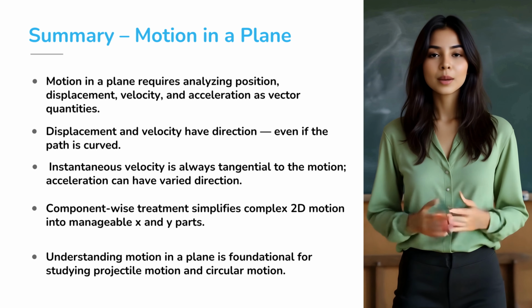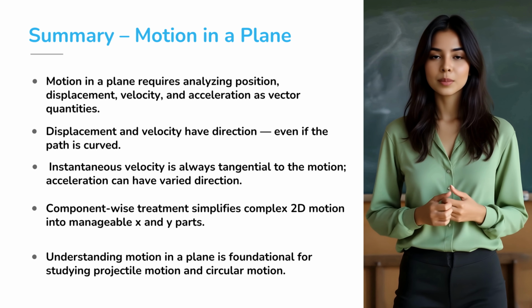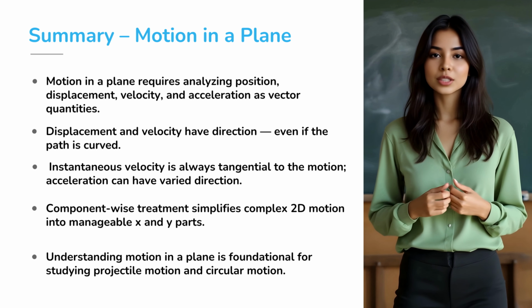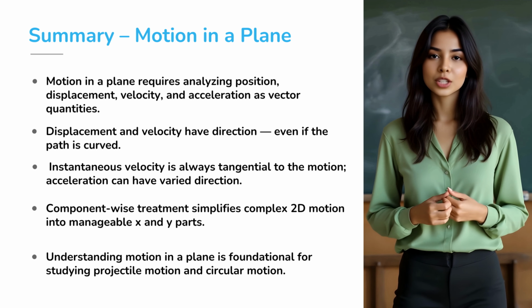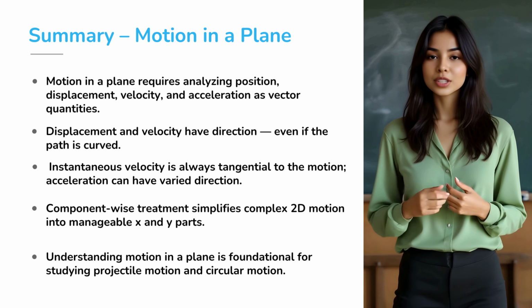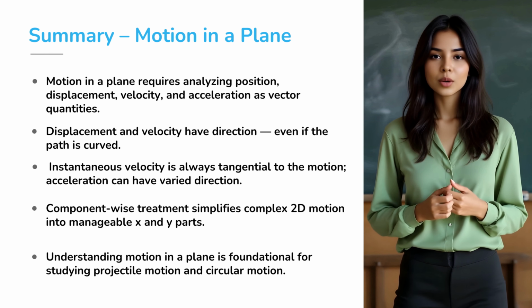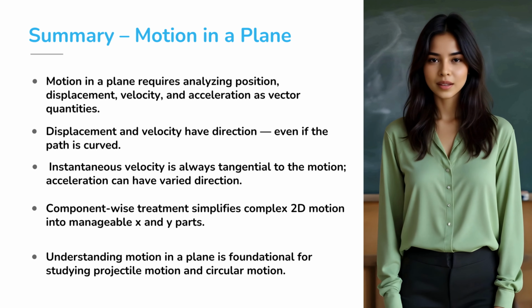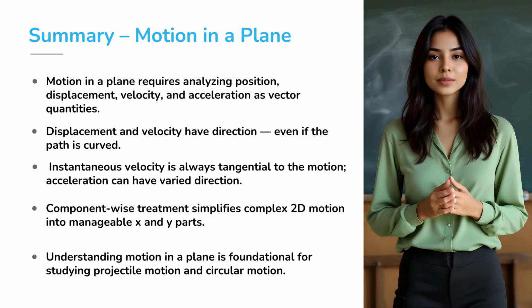Let's quickly recap what we've learned about motion in a plane. We saw how vectors help us describe position, velocity, and acceleration when an object moves in 2 dimensions. We derived equations of motion in vector form and understood how each component, horizontal and vertical, can be treated independently.